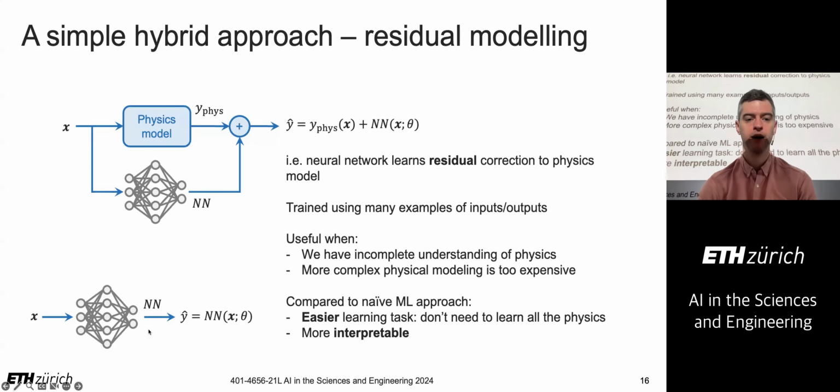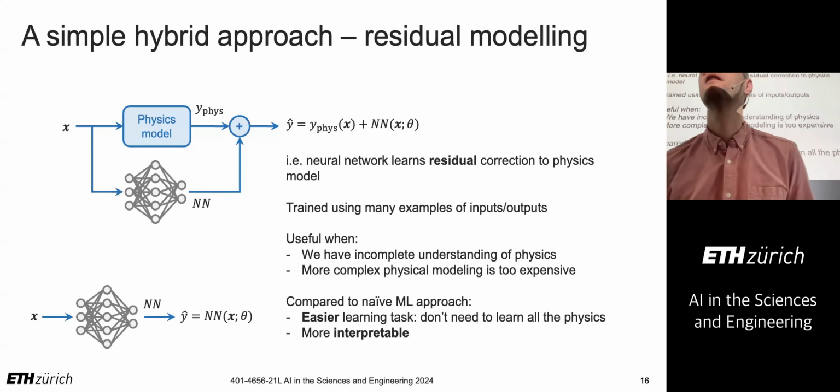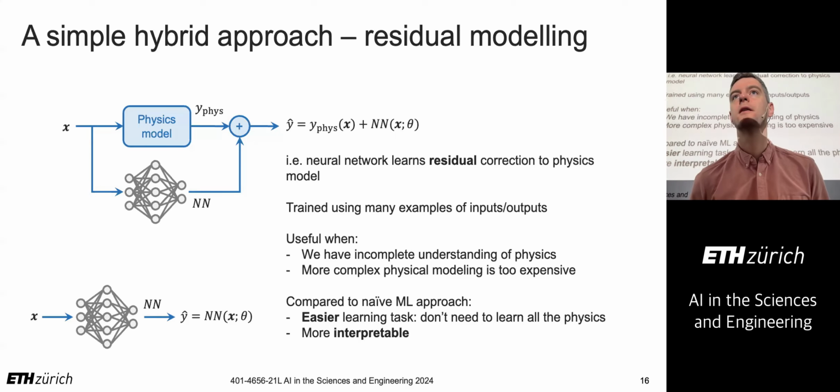And compared to naive machine learning, this is actually an easier task. So can anyone tell me why residual modeling is easier than replacing the whole physics model with a neural network? Why would that be an easier task? Yeah. The residuals that you get are a smaller class of the whole functions that your model would train on.